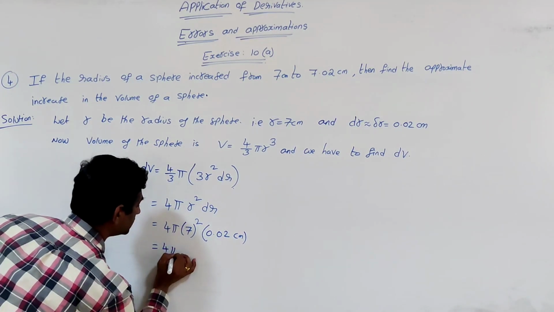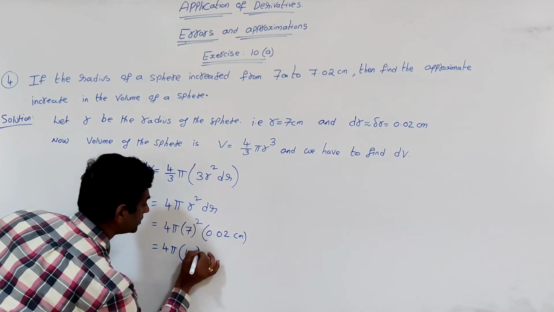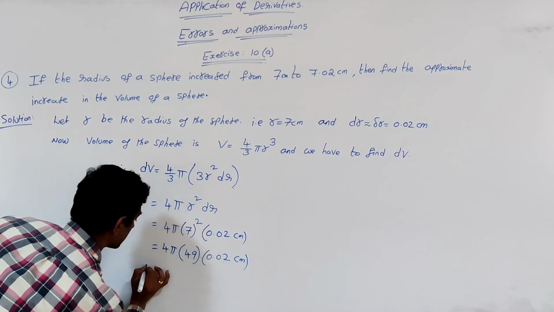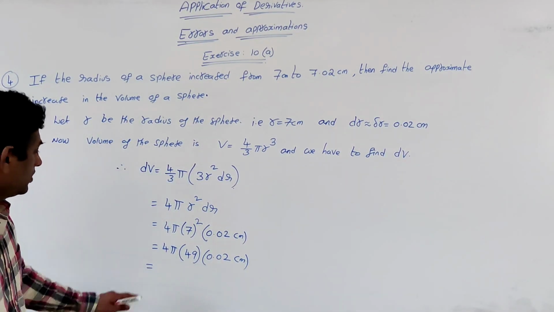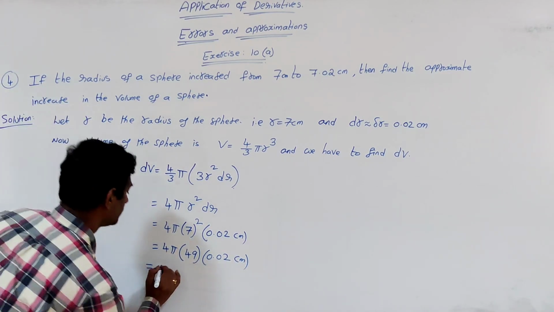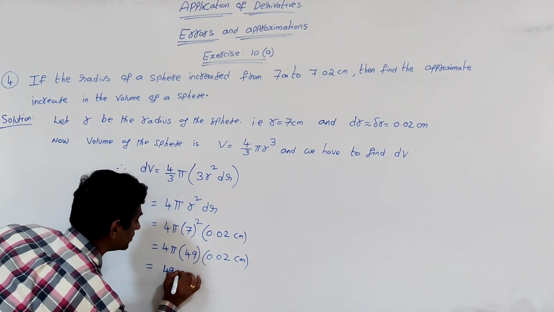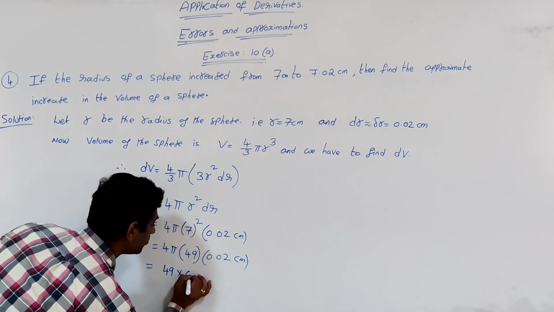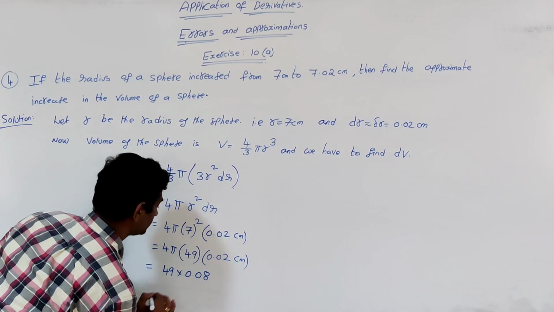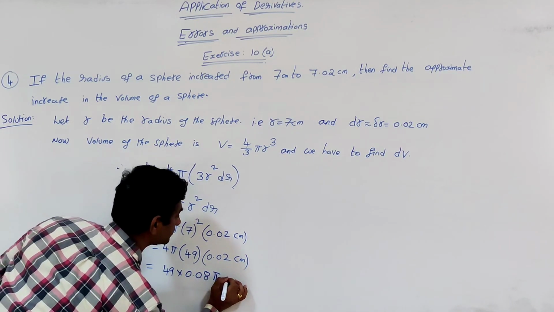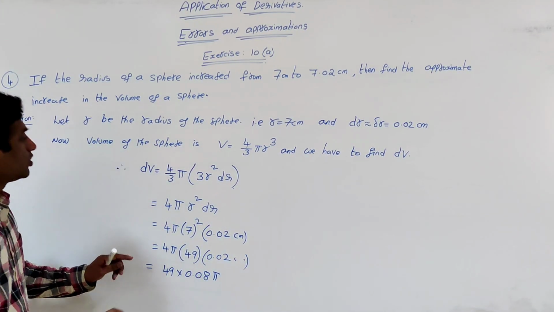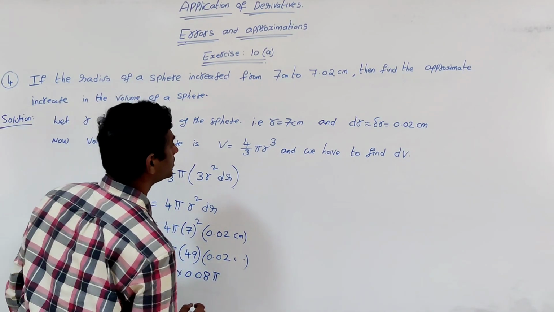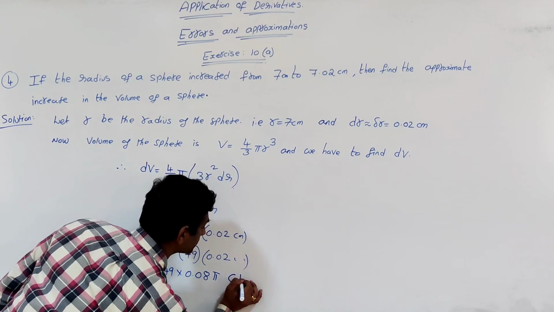So 4 pi into 49 into 0.02 centimeters, which is 49 into 4 into 0.02 is 0.08 pi, and the units of this volume are cubic centimeters.